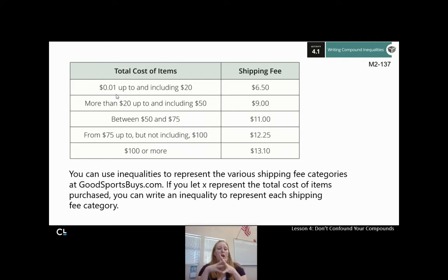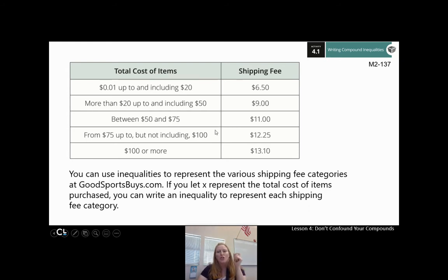If the cost of your items is between $50 and $75, they're going to charge you an $11 shipping fee. If the cost is from $75 up to, but not including $100, your shipping fee is $12.25. And if you bought $100 or more worth of stuff, then you are going to pay a shipping fee of $13.10. Now, this looks kind of confusing, right?